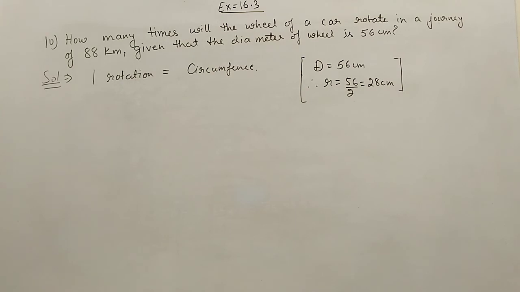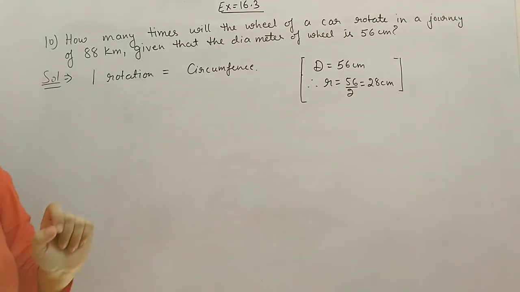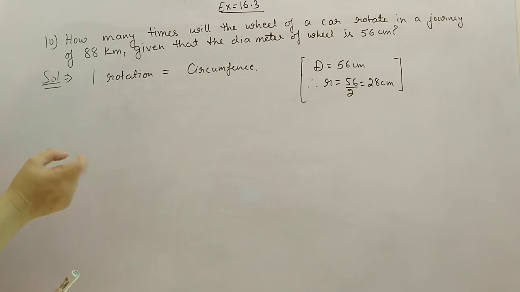Next, question number 10. How many times will the wheel of a car rotate in a journey of 88 km, given that the diameter of the wheel is 56 centimeter? So the diameter is given as 56, which means the radius will be 28 centimeter, half of that. Now one rotation is equal to the circumference of the wheel. In one rotation it will rotate one time and cover the whole circumference.